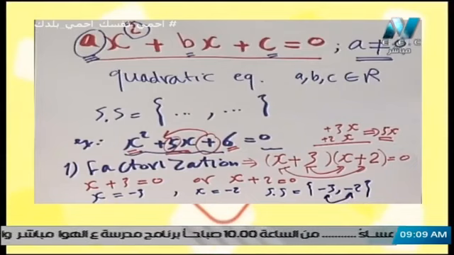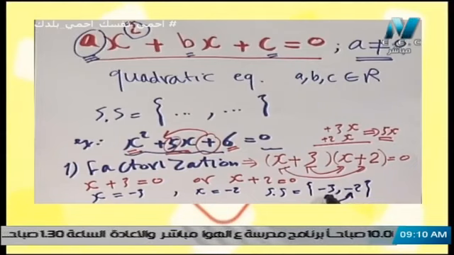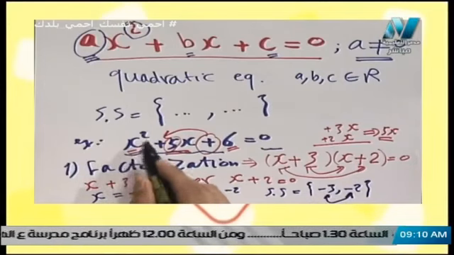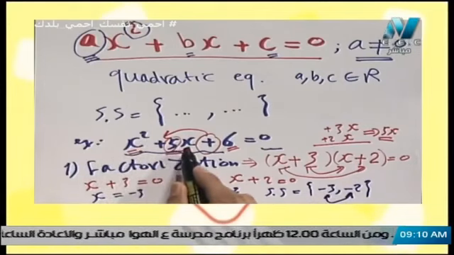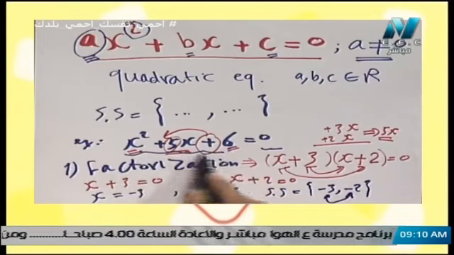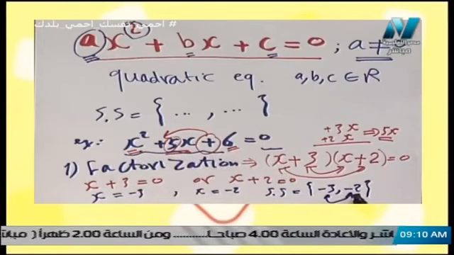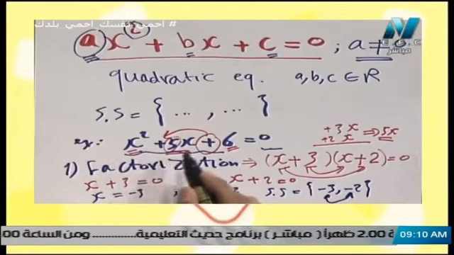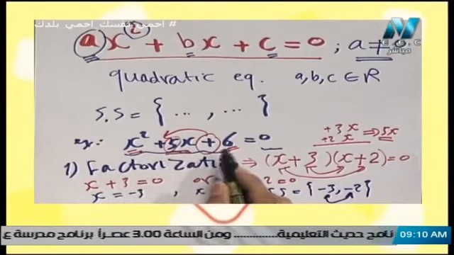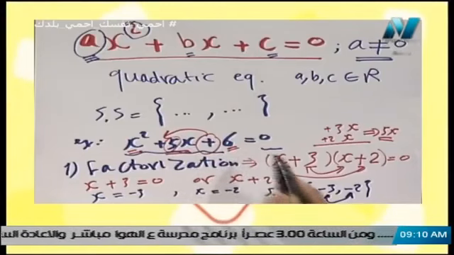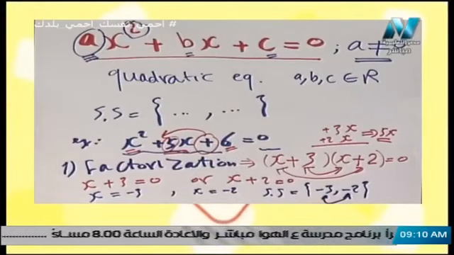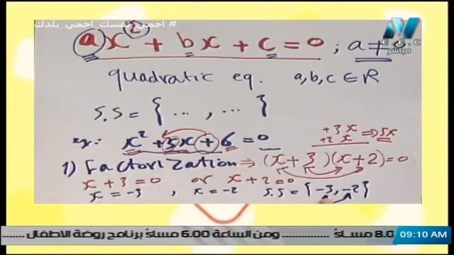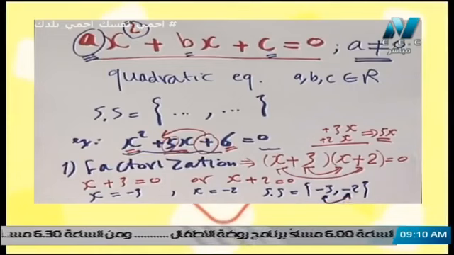To be sure that the solution is right, we substitute x by negative 3: negative 3 power 2 plus 5 multiplied by negative 3 plus 6, the answer of course will be 0. And if we substitute negative 2: negative 2 power 2 plus 5 multiplied by negative 2 plus 6, the answer of course equals 0. So the solution set of this quadratic equation is the set of negative 3 and negative 2.